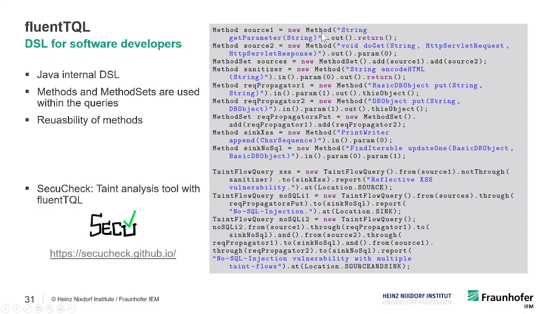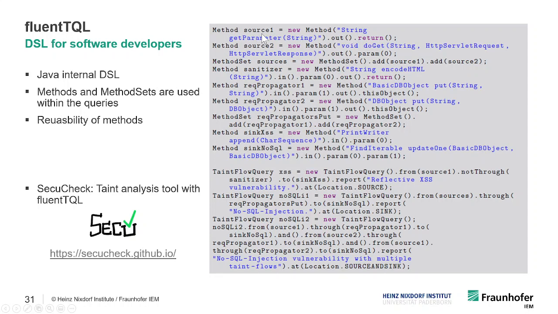And how we are doing that is by giving the method signatures into the definition of a method, and with this out, in parameters and so on, we are specifying what exactly we want to taint by this method call.